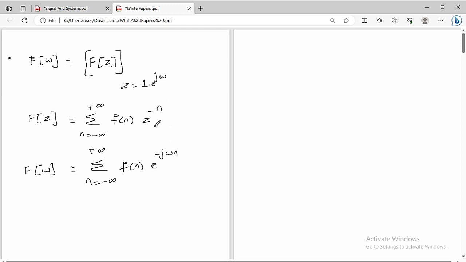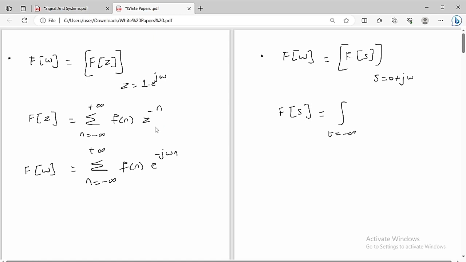In the same fashion, if you go to the Laplace domain also, F of omega is obtained from F of s by substituting s equal to 0 plus j omega, or s equal to j omega. You know F of s is the integration from t equals minus infinity to plus infinity of f of t into e to the power of minus st dt.